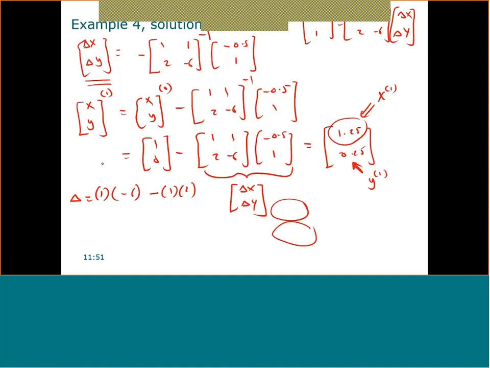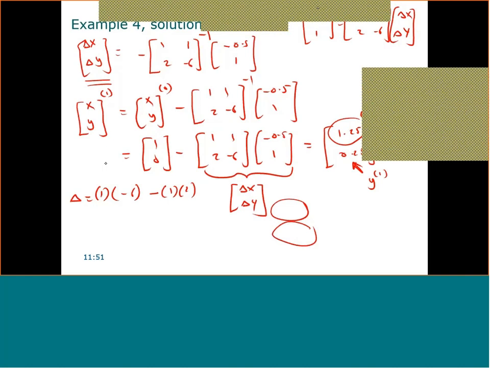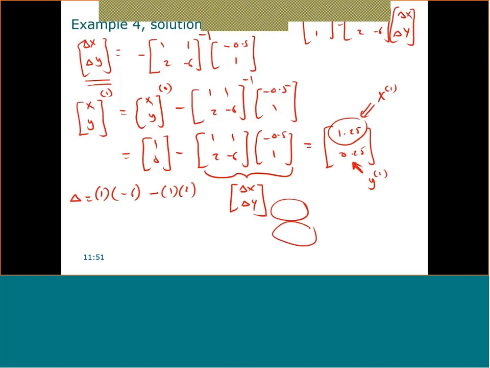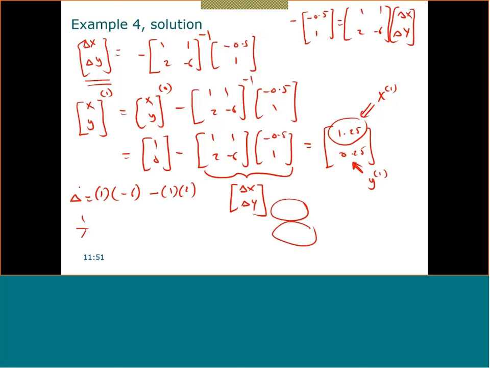The inverse of a 2 by 2 matrix is very straightforward. I'm quite sure you covered that in linear algebra courses. What you need is to find the determinant, and then the inverse becomes one over the determinant times the matrix where you switch two of the entries and change the sign of the other two.